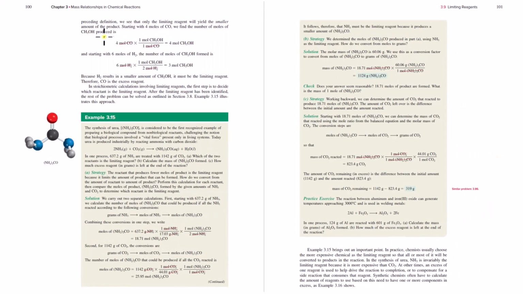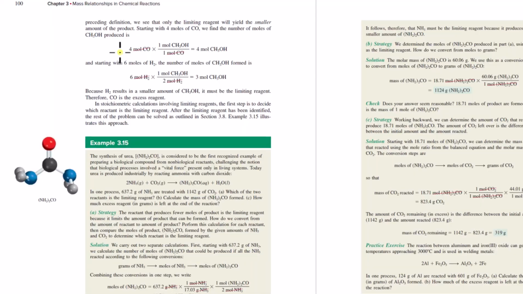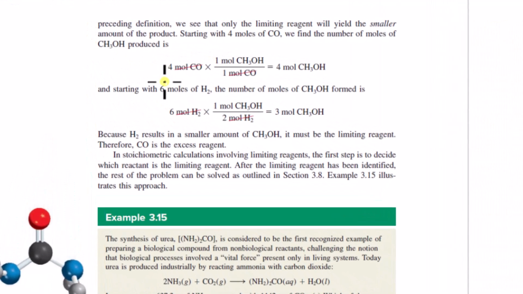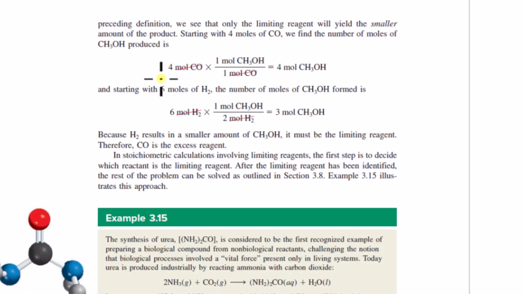Okay, and so now the way that the textbook analyzes this is they assume that if all 4 moles of the carbon monoxide were converted to product, assuming you had excess hydrogen gas to work with, with no issue of the hydrogen gas being limiting, then you use the stoichiometric equivalency to show that there would be 4 moles of methanol produced. Now, the same idea with the hydrogen gas.